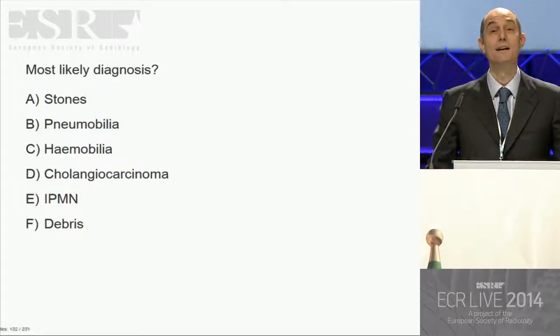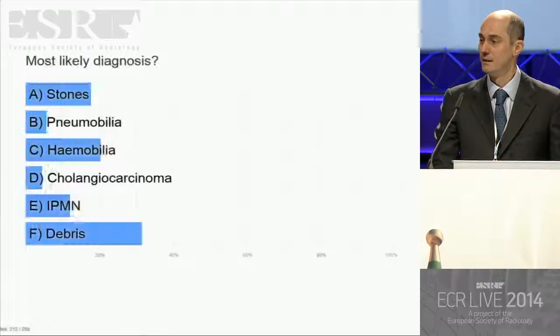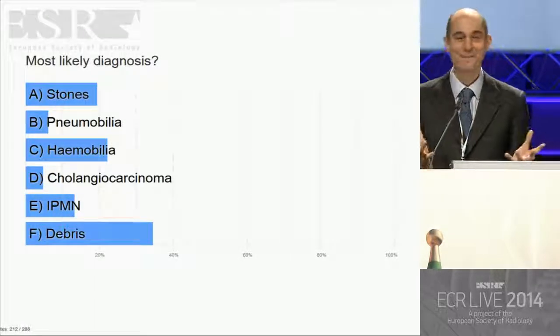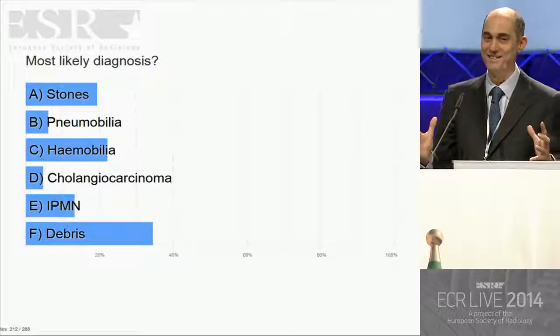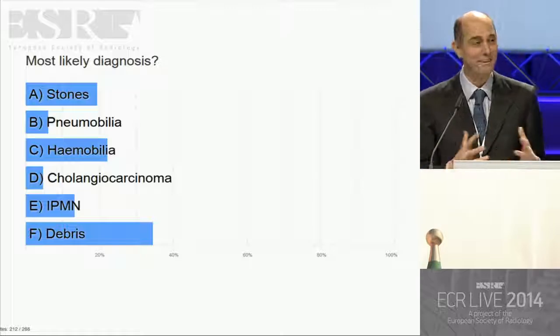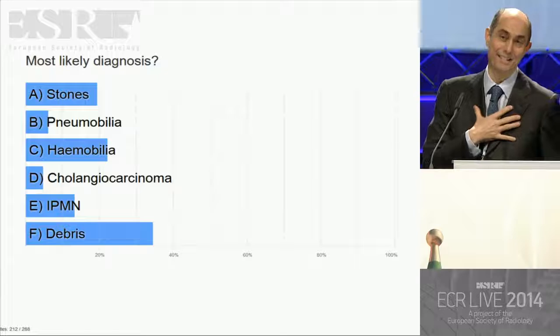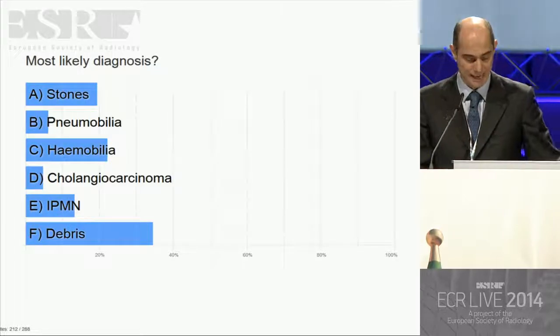And can we have the results, please? So, big change. Big change, I agree. So there is a lot of uncertainty, and I share this uncertainty because it was not easy.